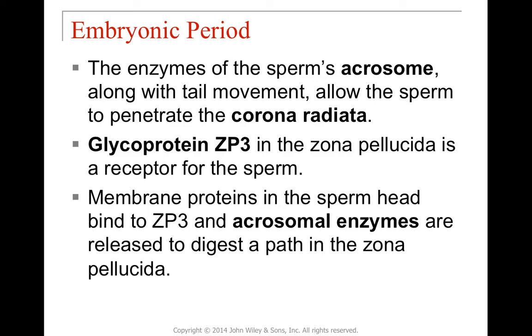As I mentioned, there's an acrosome found on top of the sperm's head. It has a bunch of enzymes inside of it. Those enzymes are going to be released to help the sperm get through that cumulus mass called the corona radiata, and also get to the zona pellucida, where they're going to bind with a specialized protein called zona pellucida binding protein 3. That's a receptor whereby the very first sperm is going to bind, and then all of the rest of the proteins around the zona pellucida are going to enter into lockdown.